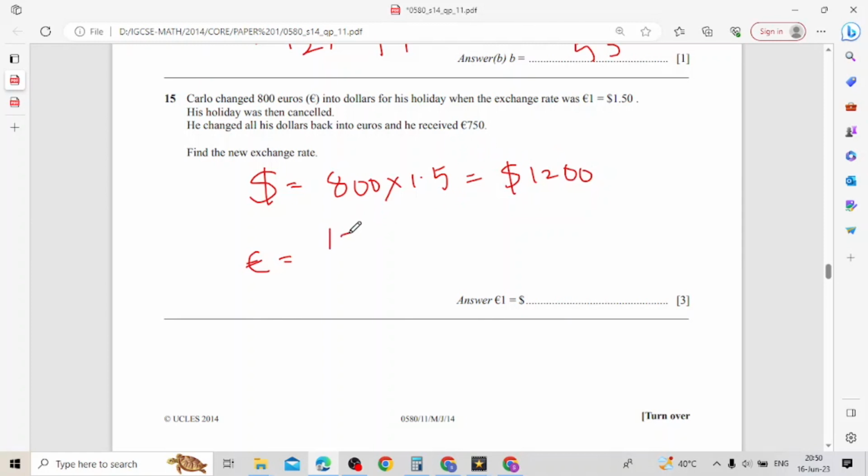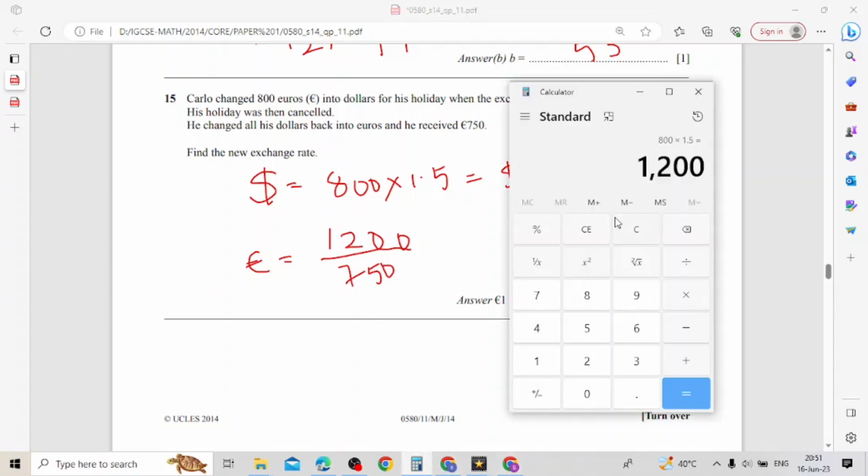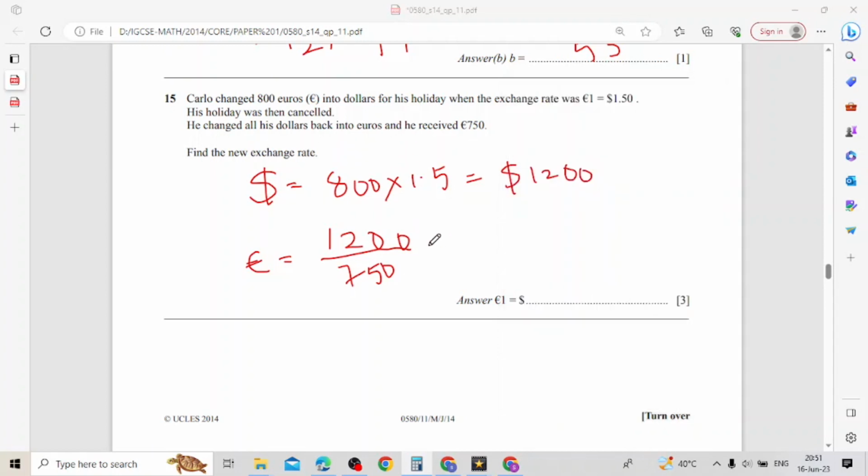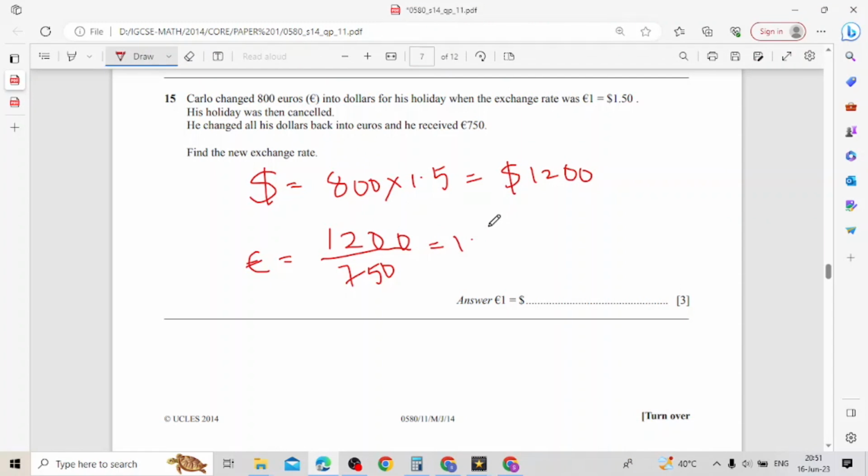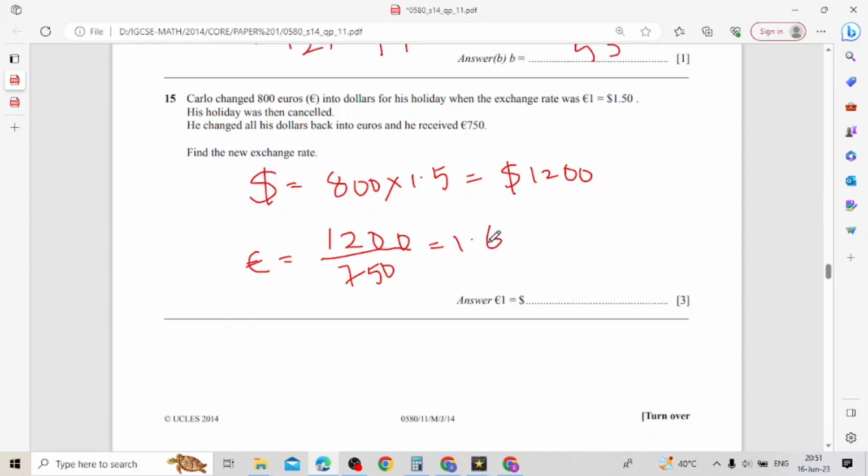For that, we just divide the dollars by the euros he got, 750. Now let's see in the calculator, 1200 divided by 750. It's 1.6. Exchange rate is 1.6. Sorry, 1 euro is equal to $1.6.